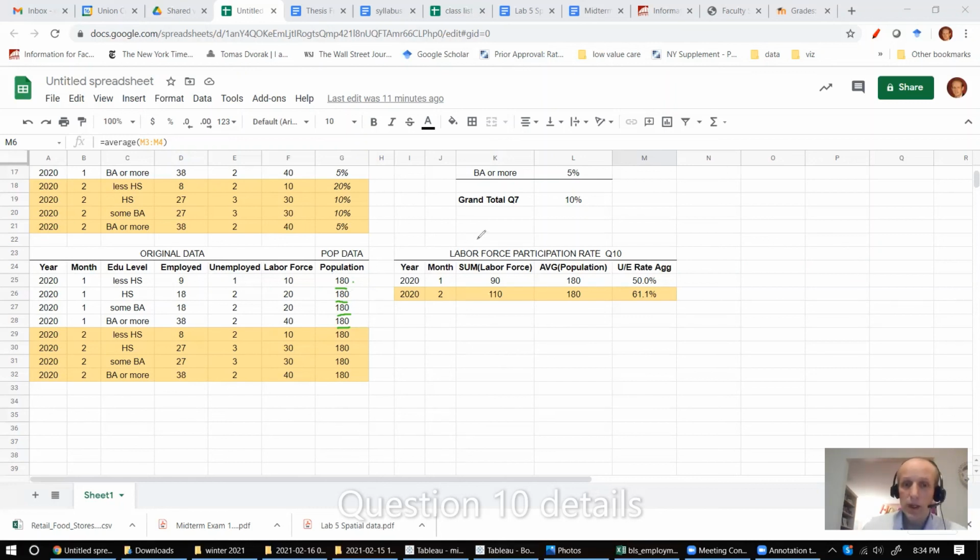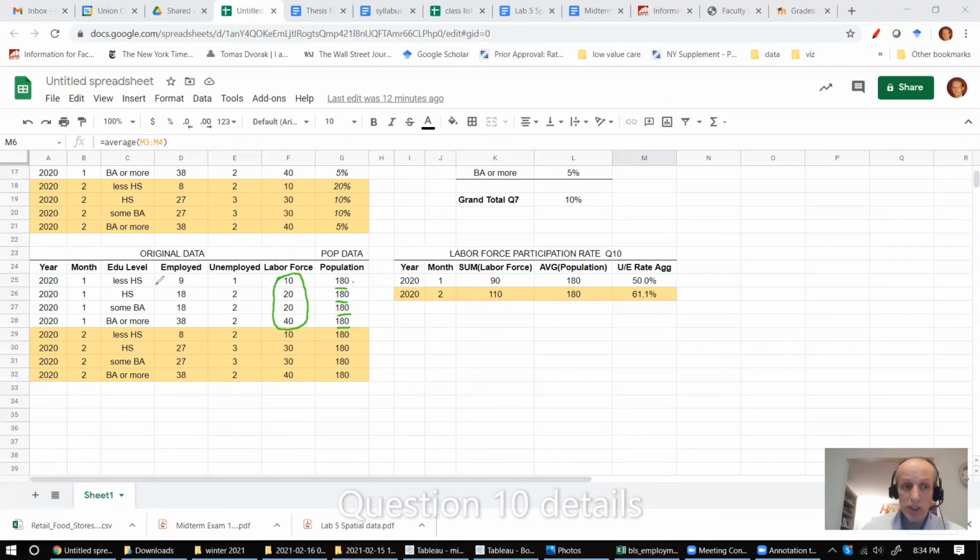So if I'm asked to calculate labor force participation rate in question 10, what I need is I need to add up the labor force in the first month and divide that by population. But I know that I didn't have a population 180 plus 180 plus 180 plus 180.